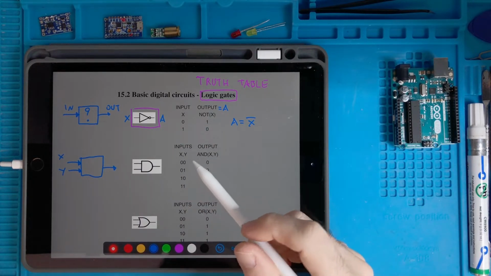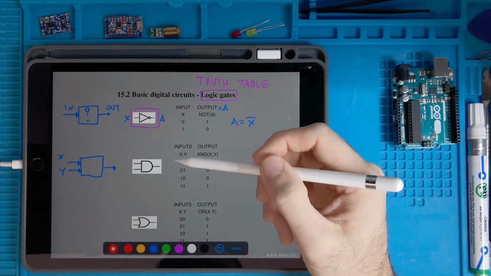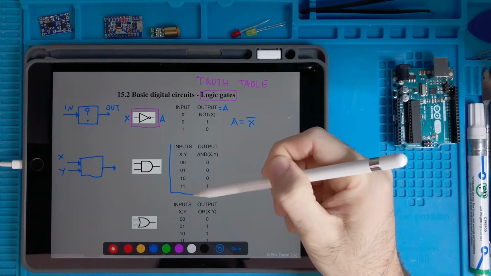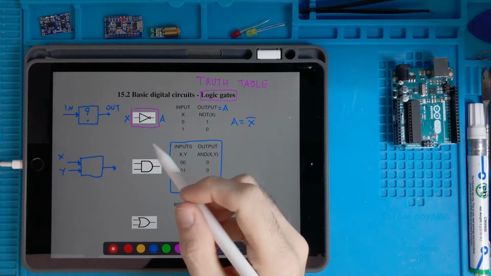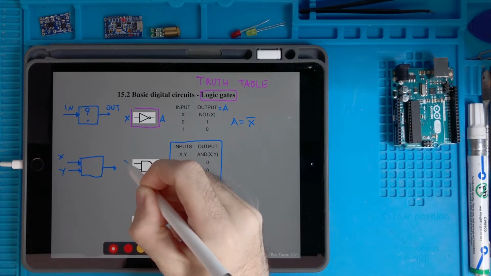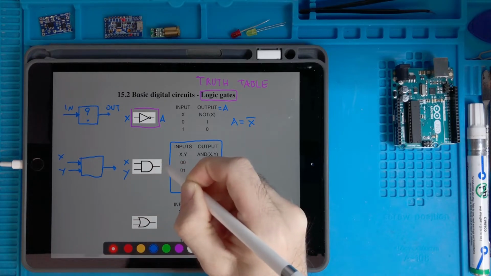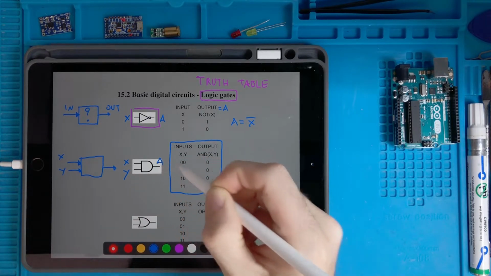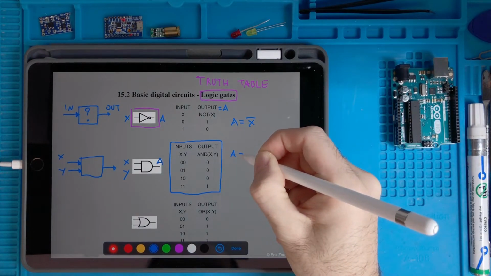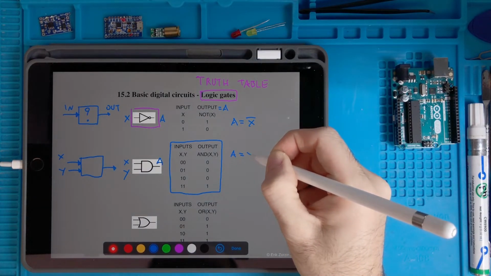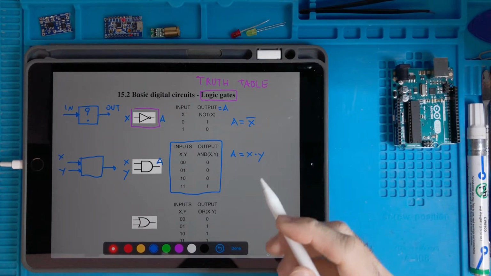And similarly, we might want to have another behavior like this one, which is called the AND behavior. So we have now a circuit with two inputs, X and Y, and an output A, where A is the AND of the two inputs.